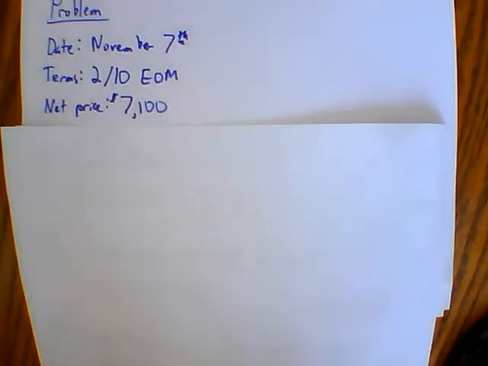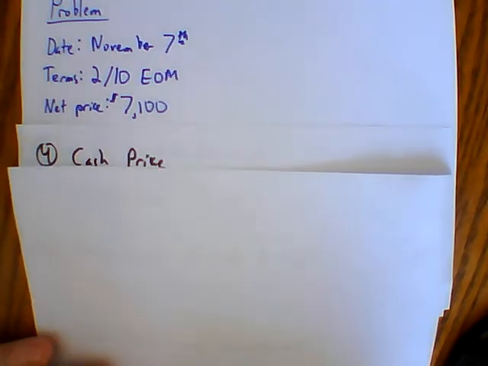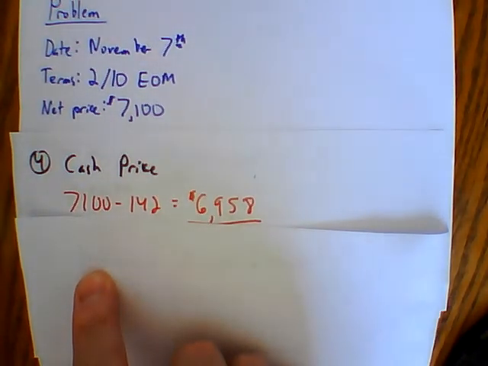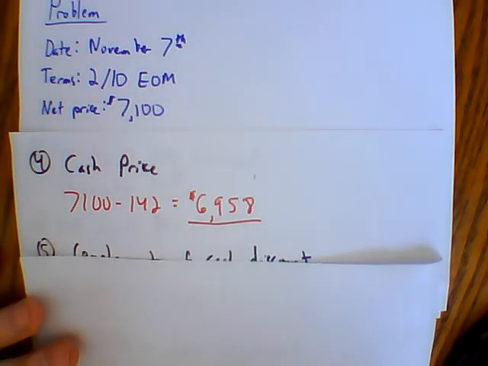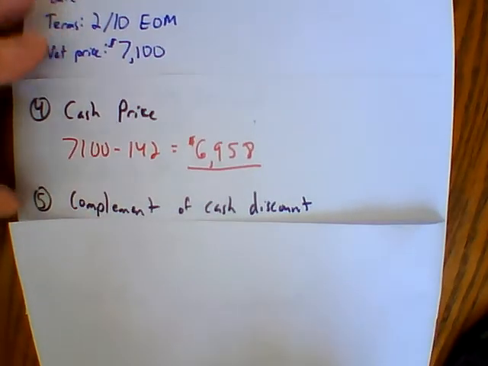Continuing on, question 4 asks what the cash price is. We take the $7,110 for our purchase and apply our discount of $142, giving us a price that we would owe of $6,958.